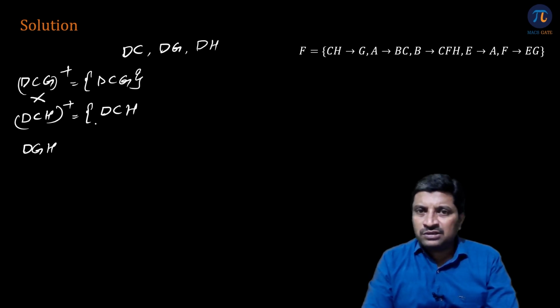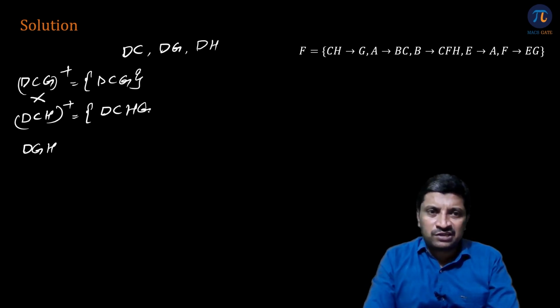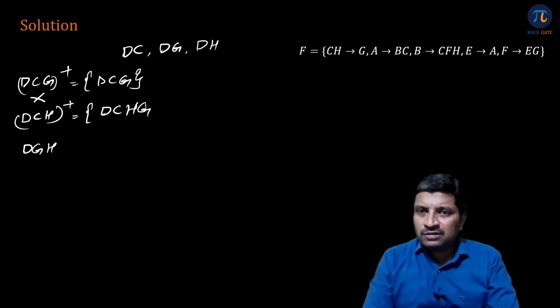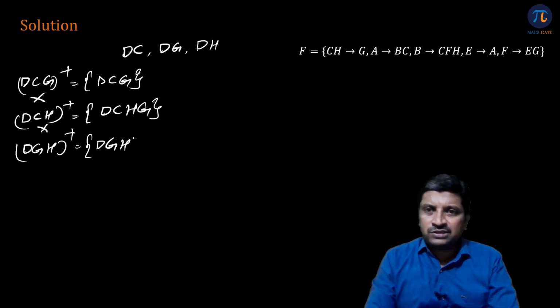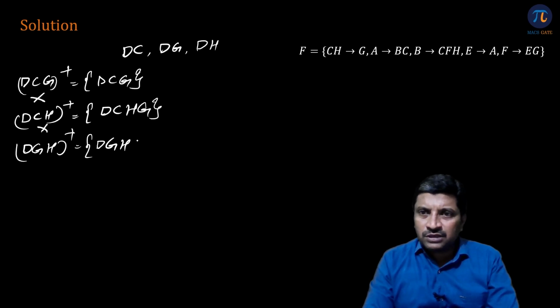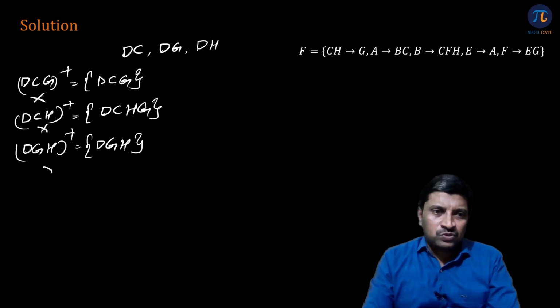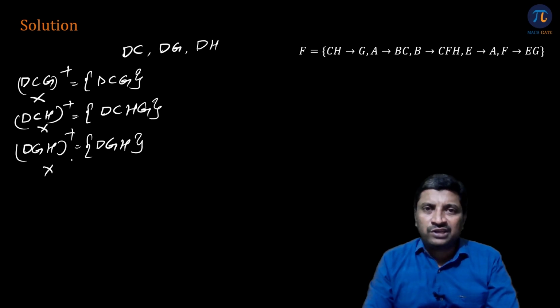DCH. With CH I can find G. Then no other is possible. So this cannot be a candidate key. What about DGH? With DGH we can find DGH. Then anything else? With G, no other is possible. So we don't have any candidate key with three element sets.